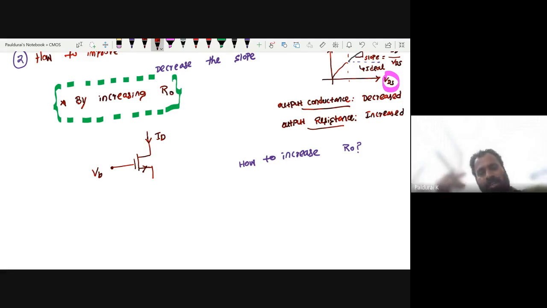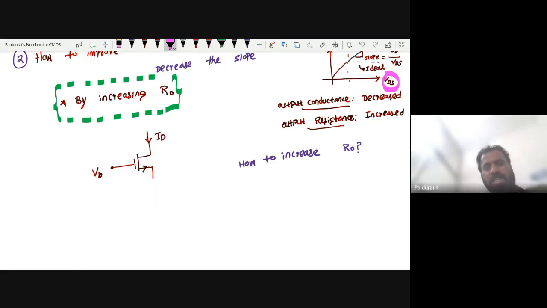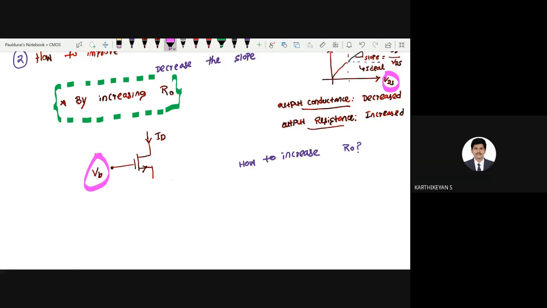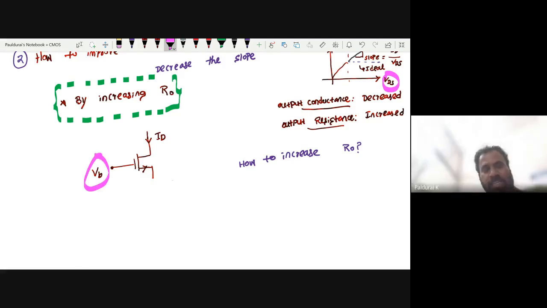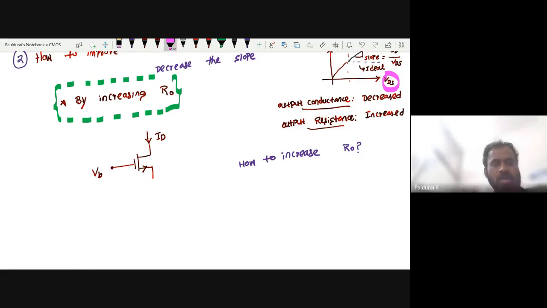So before that, Karthikeyan, one answer: I am speaking about current source. This is my current source. Is it source follower? So it is common source, right? Because we are giving some input at the gate, and we are getting the output at drain. So this is a common source.